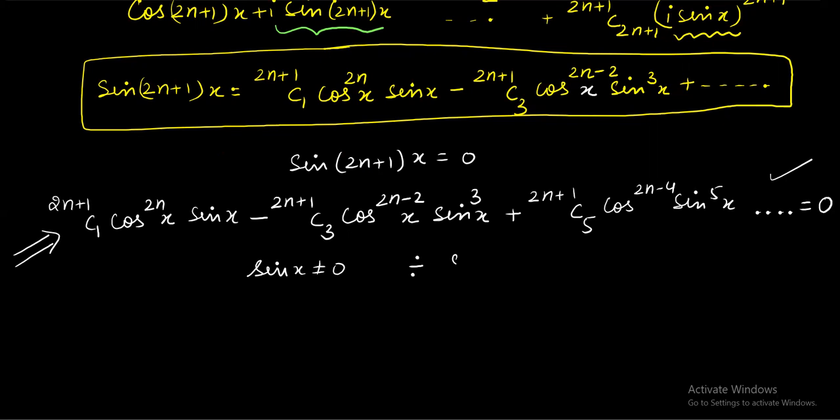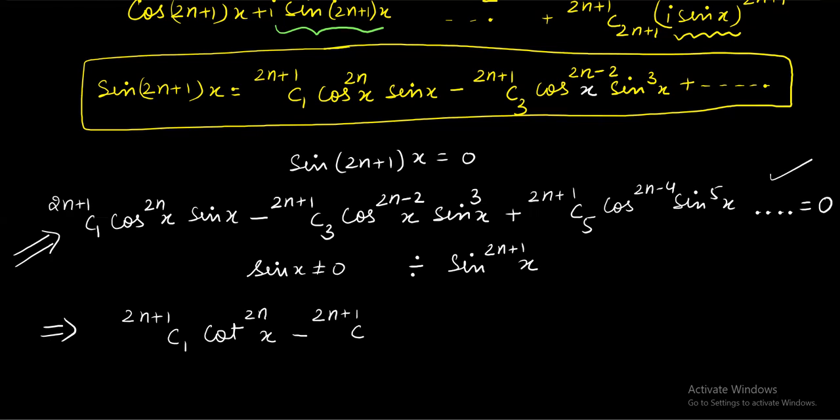Now divide the expression by sin^(2n+1) x. Let's see what the equation will now become. The equation will take the form (2n+1)C1, and the first term has converted to cot. It has become cot^(2n) x.